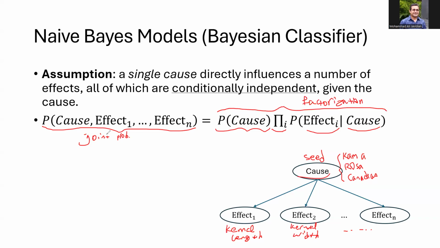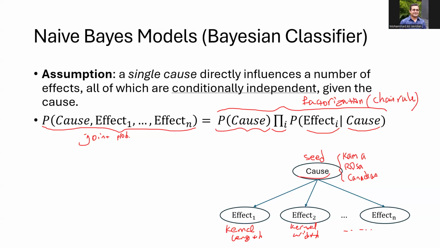Using this simple rule, which is sometimes called the chain rule, helps us to compute the naive Bayes classifiers and the probability of each class.